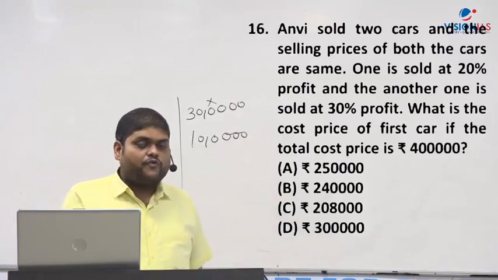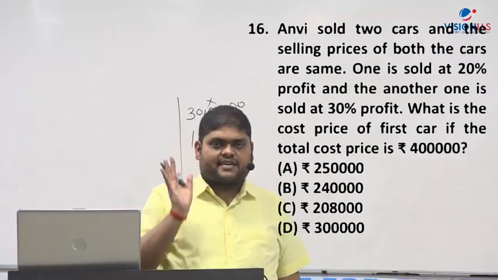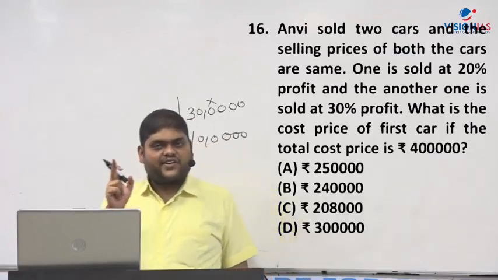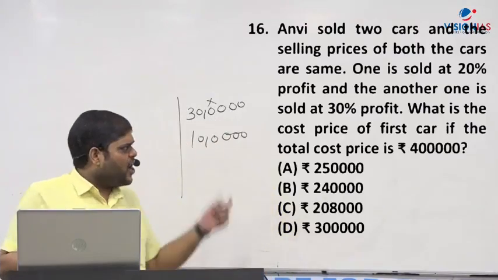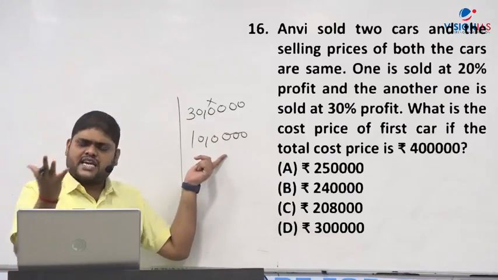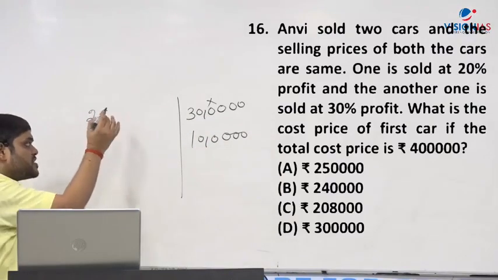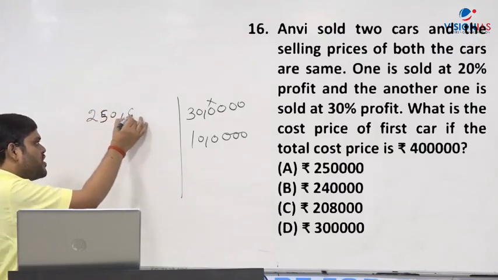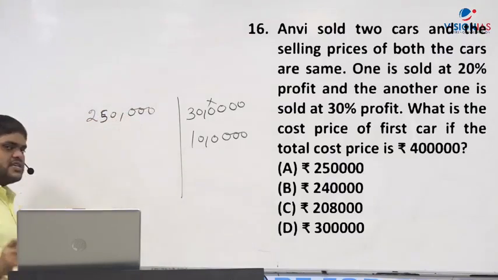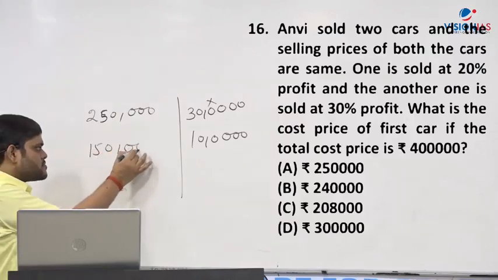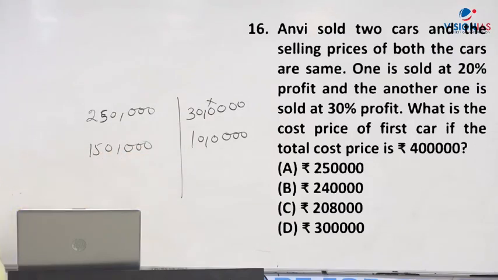Tell me, which option will you try second? Option number first, I will try second. And how much time is it taking? Hardly a few seconds. Option first is 2,50,000. Then the next price is 1,50,000.